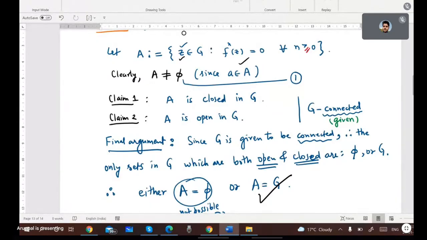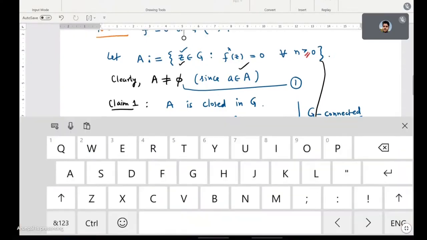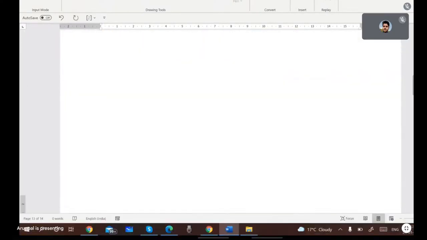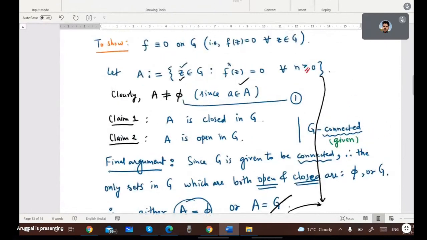Now you combine these two pieces of information. If you take n equal to 0, it means the function. A was the collection of all those points where the function f itself was taking value 0. Yes or no?